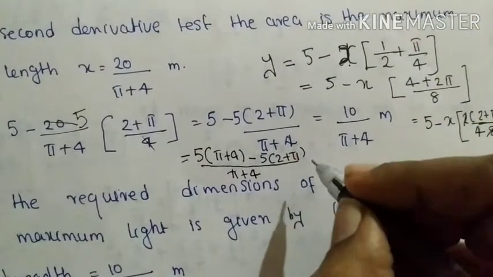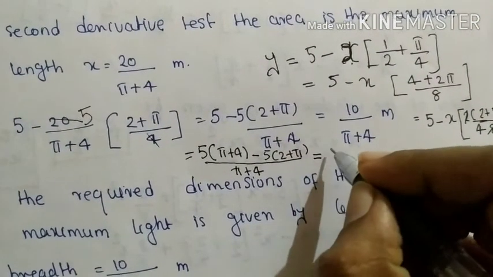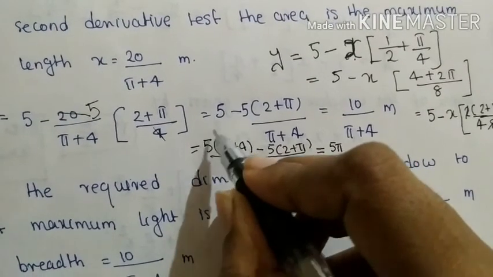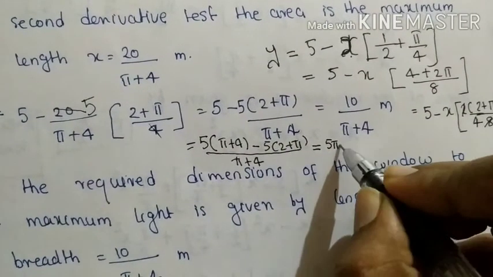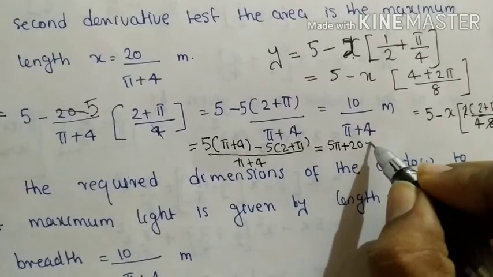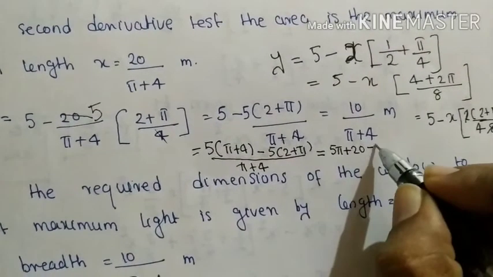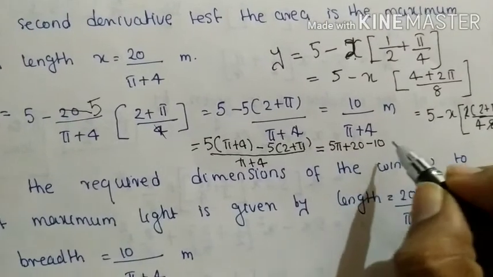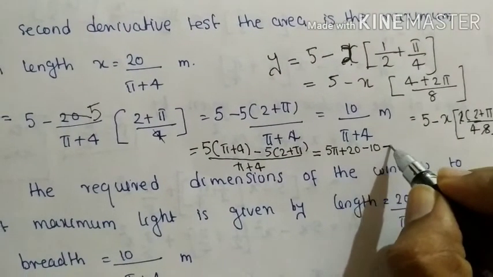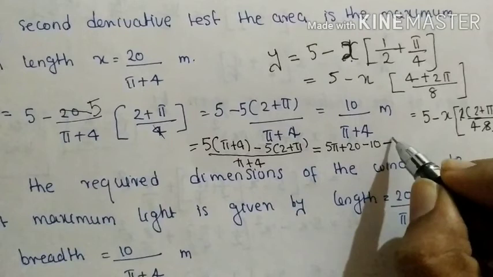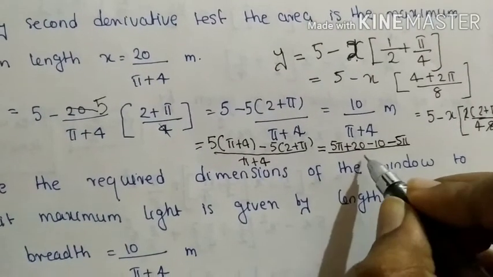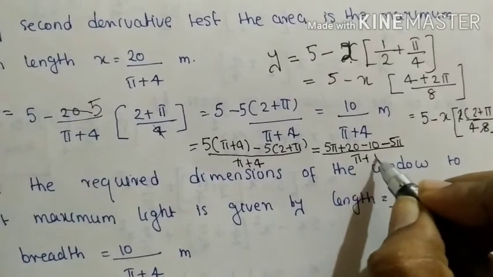Opening this bracket, we get 5 pi plus 20 minus 5 into 2, 10. Minus into plus becomes minus, and 5 into pi is 5 pi, whole divided by pi plus 4.